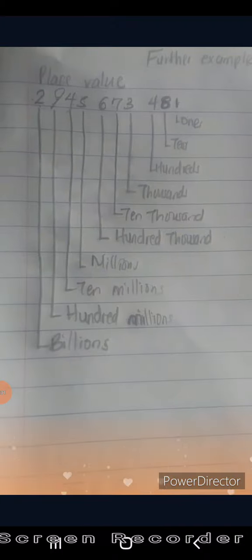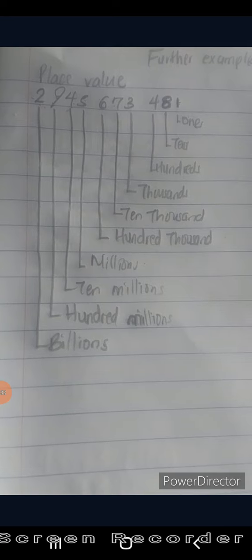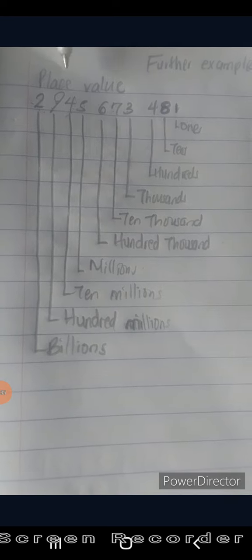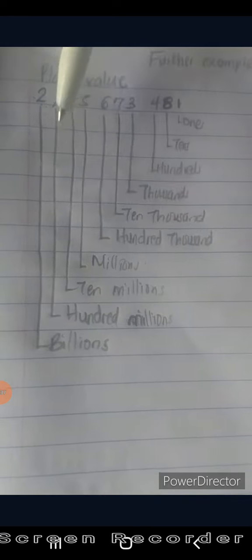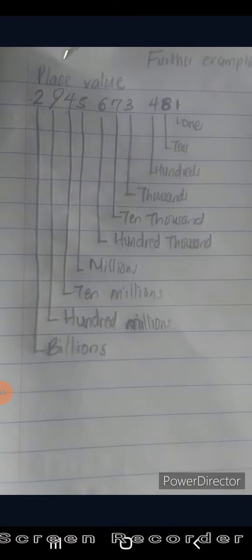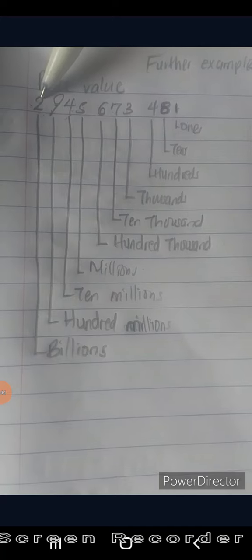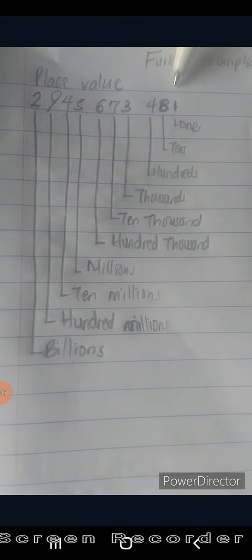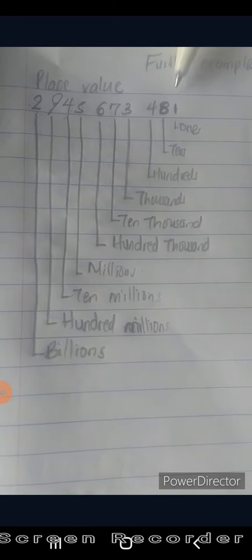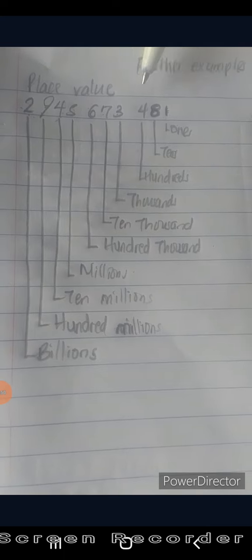So let's move to further examples in this one. In class 8 we learned up to millions, but here in form 1 we are going to learn up to billions. So we have the following number, find its place value.